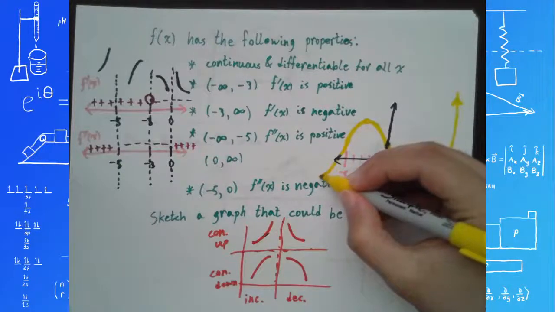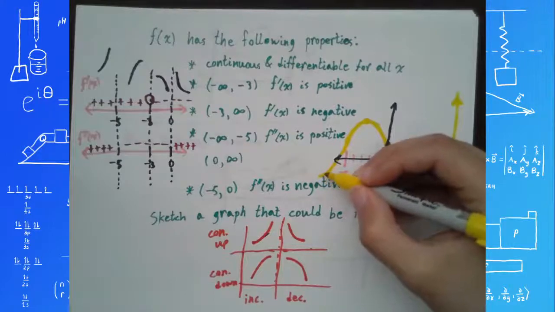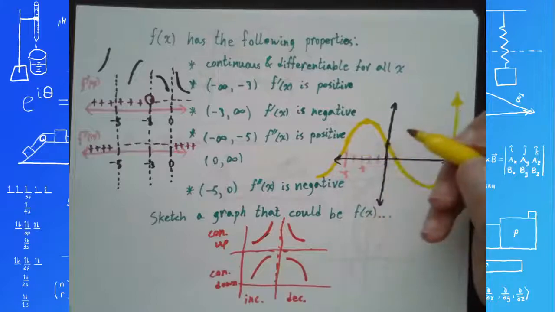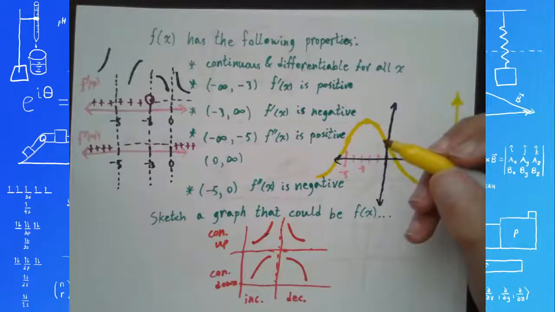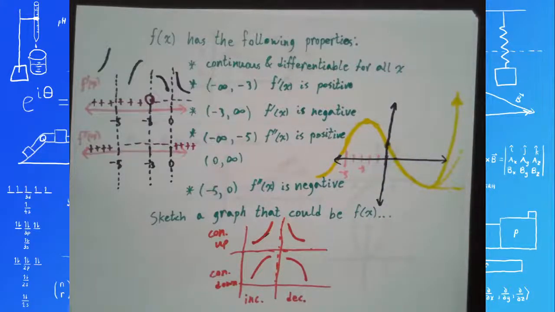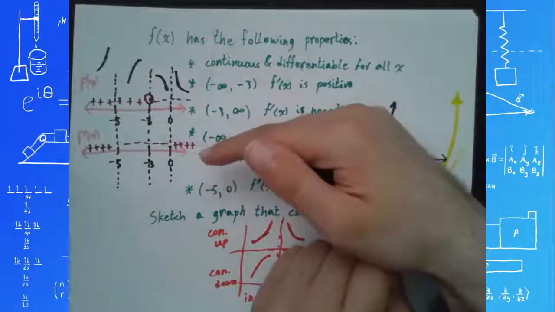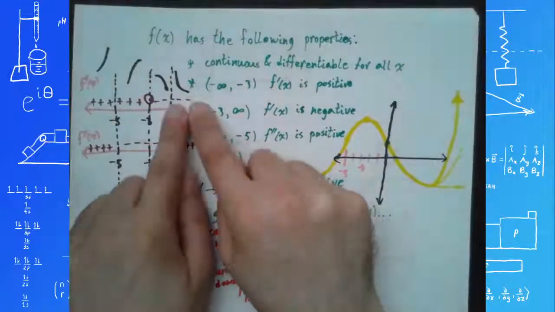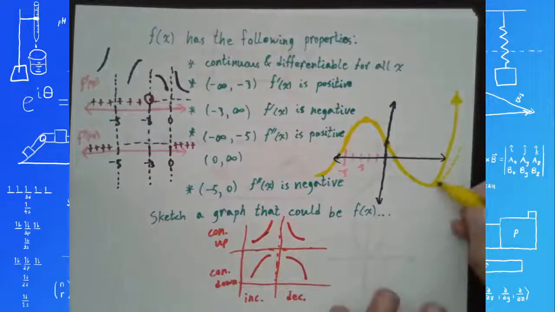Oh yeah, on this side, I guess, it could, again, go to a horizontal asymptote, or it could curve up. Well, actually, wait. No, it couldn't, because, and come to think of it, this is wrong too, because it's concave up, but it's always decreasing, so yeah, never mind.